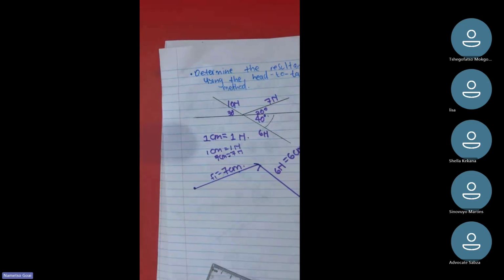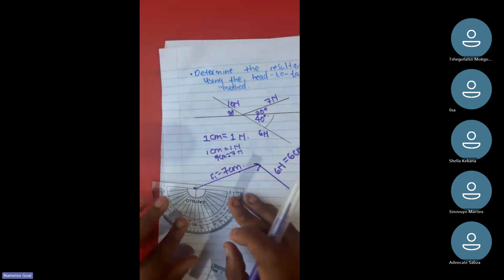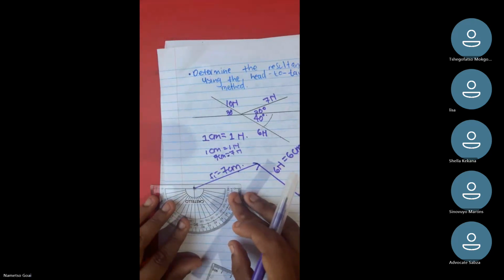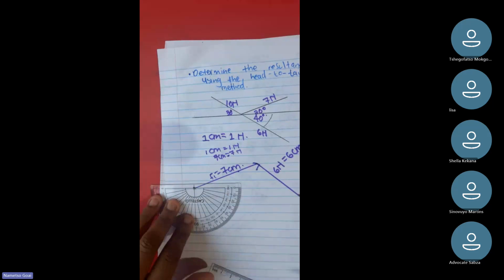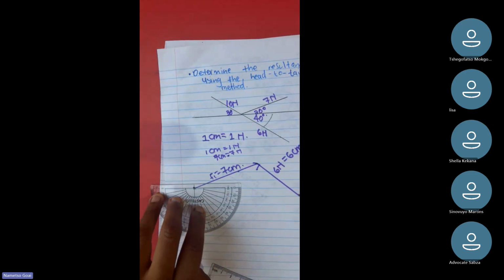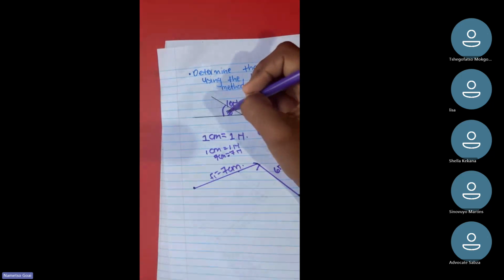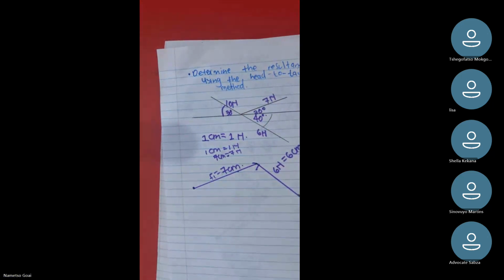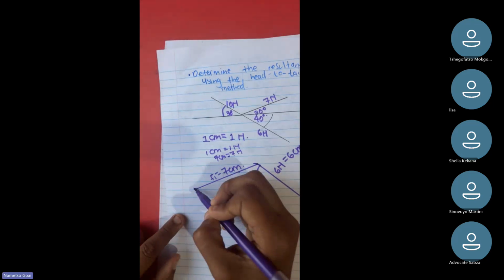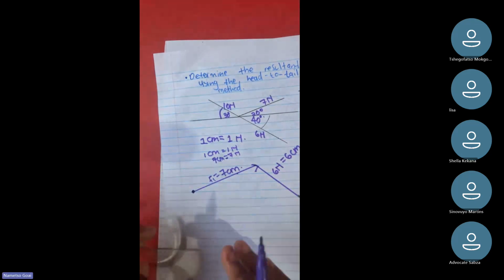So let's do that quickly. You're going to take your protractor, place it like this, and then make your mark of where 30 degrees is. Because remember, they said it's 30 degrees this side, right? You guys see that? Remember that this is your base dot, the dot that you were working with initially.